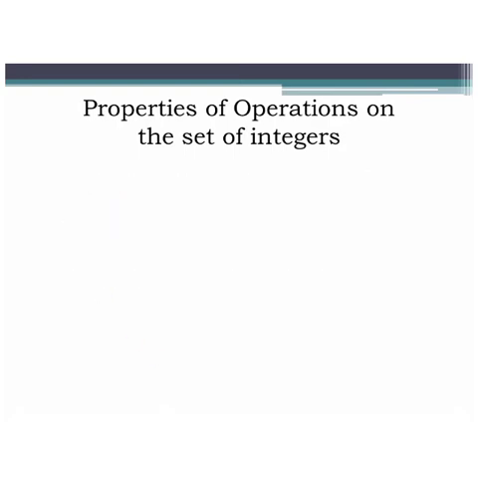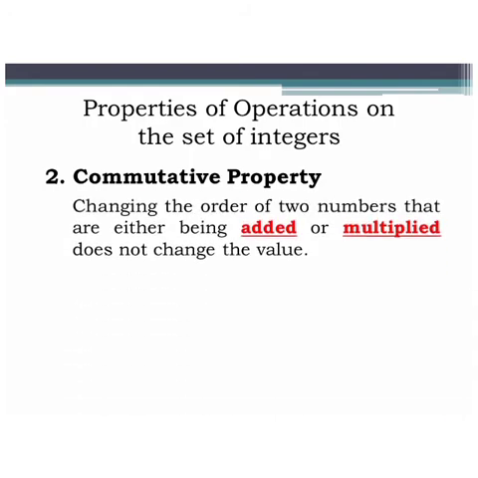Alright? So, number 2, we have what we call commutative property. So, ano bang ibig sabihin ng commutative property? Changing the order of two numbers that are either being added or multiplied does not change the value.